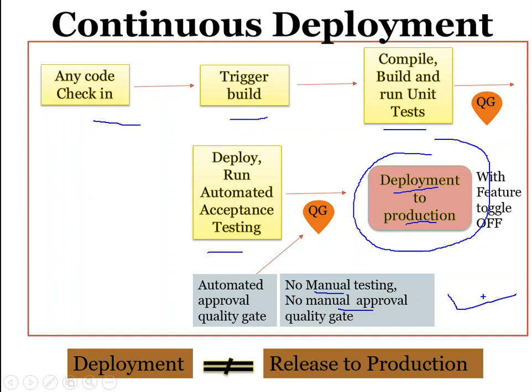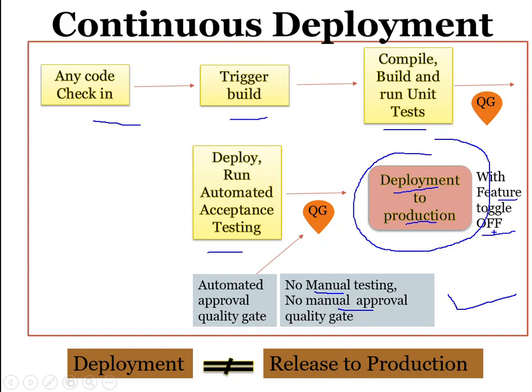However, feature toggles are necessary for continuous deployment, though they are present in both the models. Feature toggles are very essential especially for a continuous deployment pipeline.